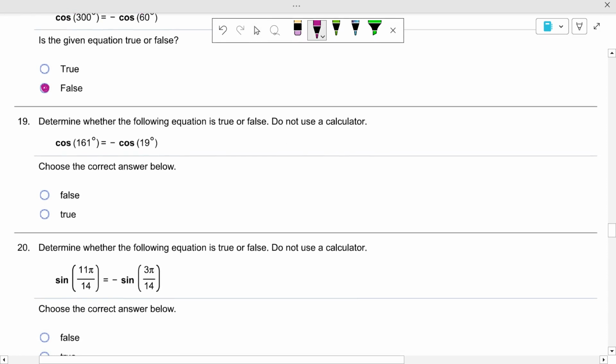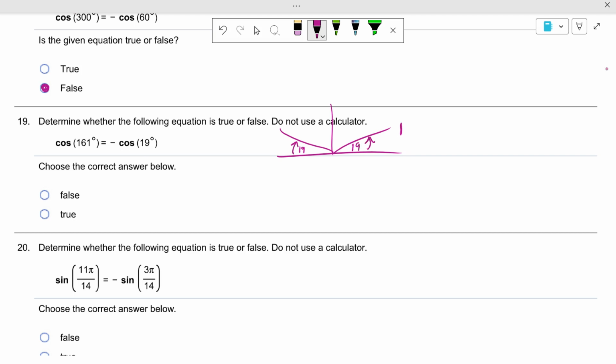Cosine of 161 and negative 19. 161 has a reference angle, and this is where reference angles come in, of 19 degrees. It's 19 degrees above the x-axis. Here's 19 degrees here. Now this is positive here because we're going to the right.